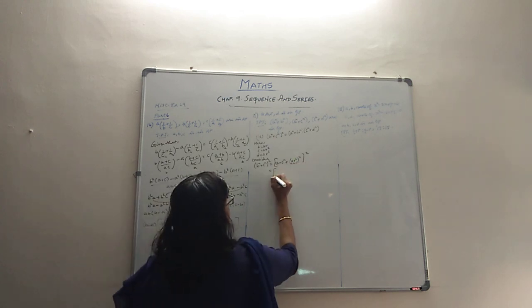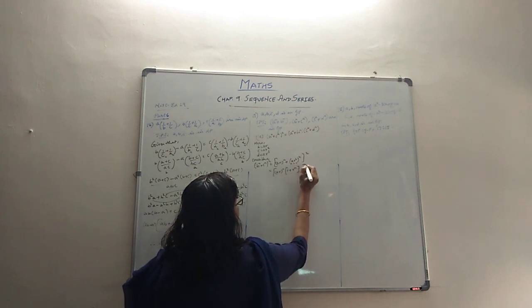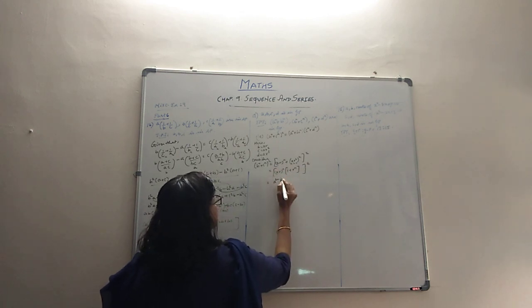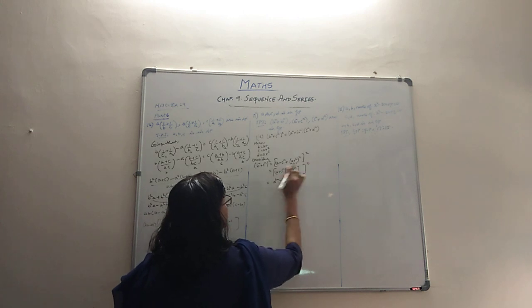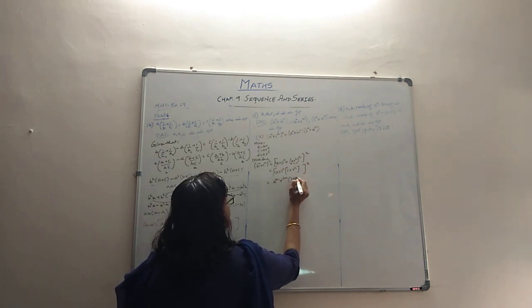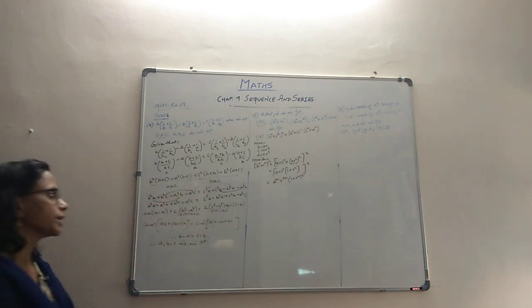So you can have this AR raised to n common here, so that we are left with 1 here and R raised to n is left. All this is whole squared, which means it is A raised to 2n when we take the brackets separately, R raised to 2n, and (1 plus R raised to n) whole square. So you have it whole expanded that way.